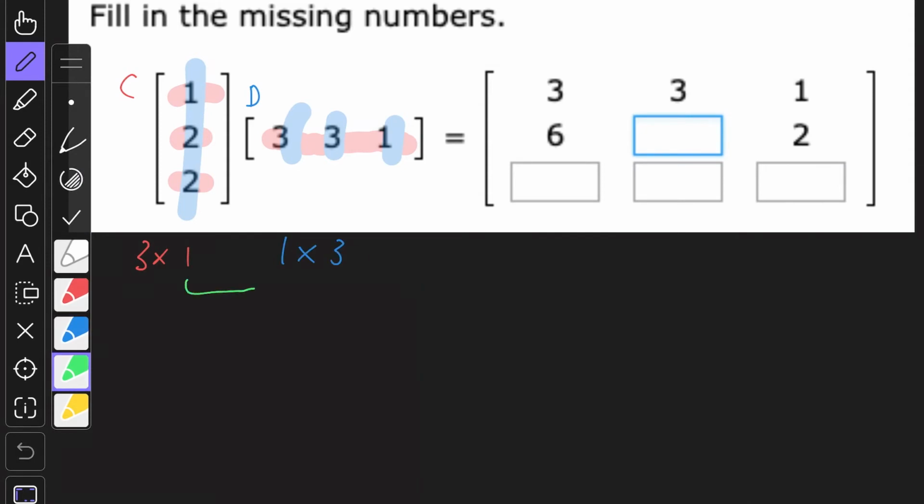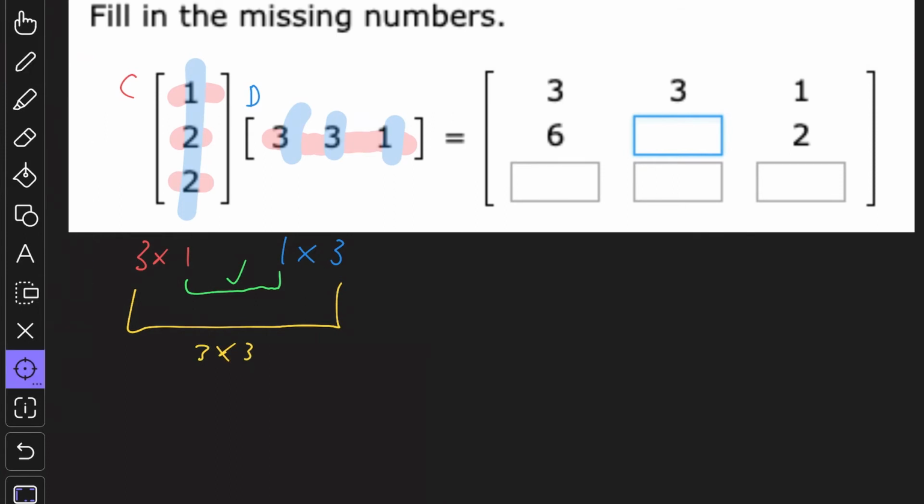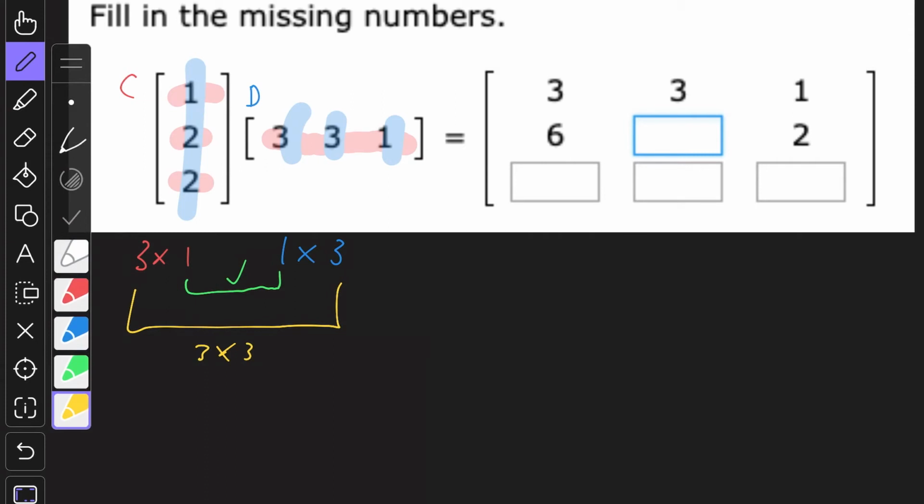And you can see in those inside numbers, yes, they're both 1s. And then we look at the outside numbers. So a 3 by 3 will be how big our answer is. And again, you can see from what IXL's already given for you, there's 1 row, 2 rows, 3 rows with 1, 2, 3 columns. And we'll go ahead and type that into the calculator and get the rest of our answer filled in.